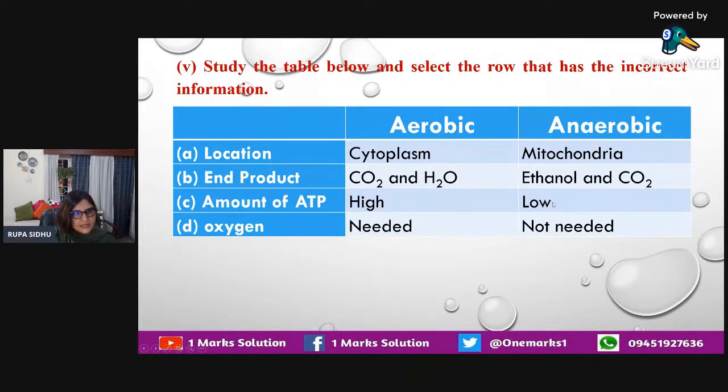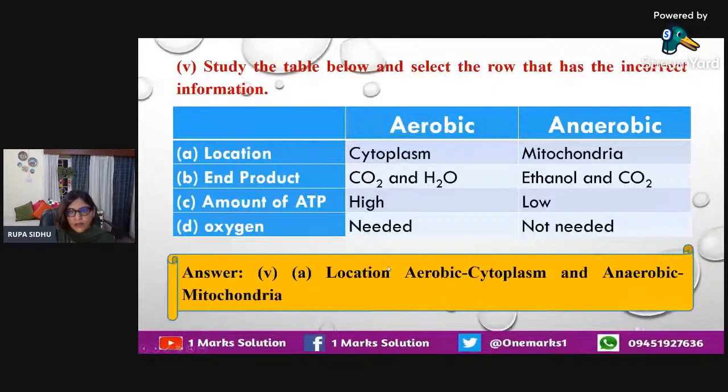That's correct. Oxygen is needed in aerobic, not needed in anaerobic. So this is also correct. So B, C, D are correct. Option A seems to be incorrect. All right. Yes, the correct answer is A. Aerobic in cytoplasm and anaerobic in mitochondria. This is incorrect.